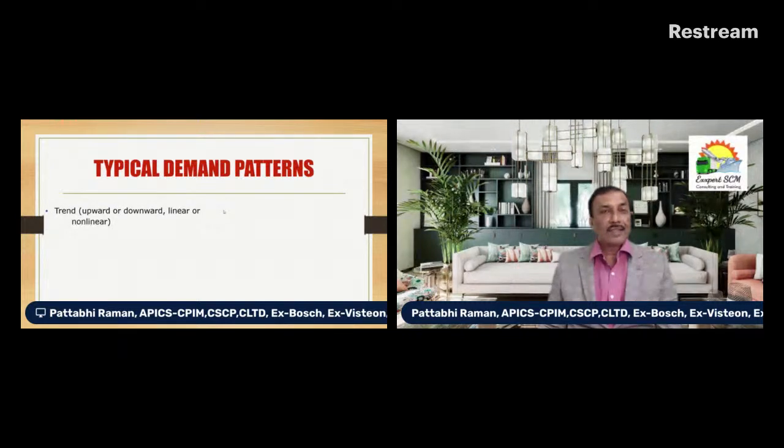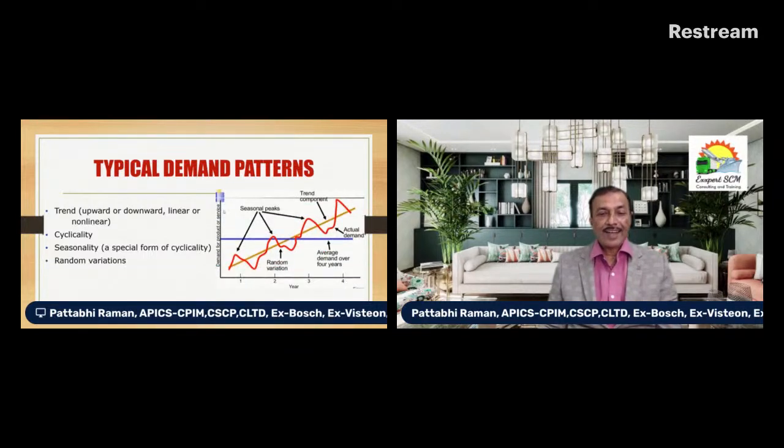You can see some type of trend in the data, especially when you are trying to use the past data. You should see at minimum these four aspects. One is a trend, either upward or downward, whether it's linear or non-linear. Is there any cyclicality in the data? Any seasonality?